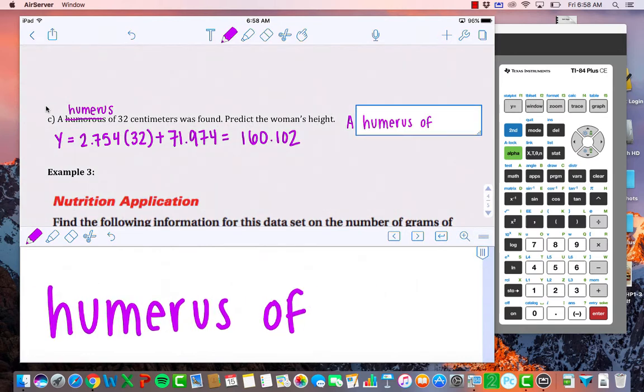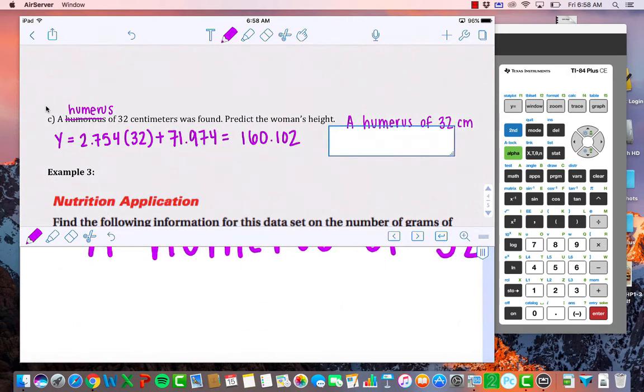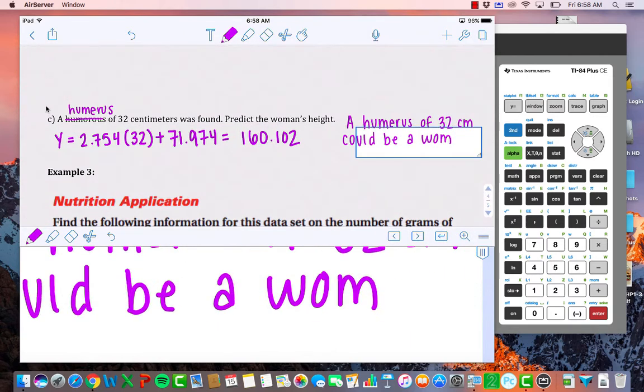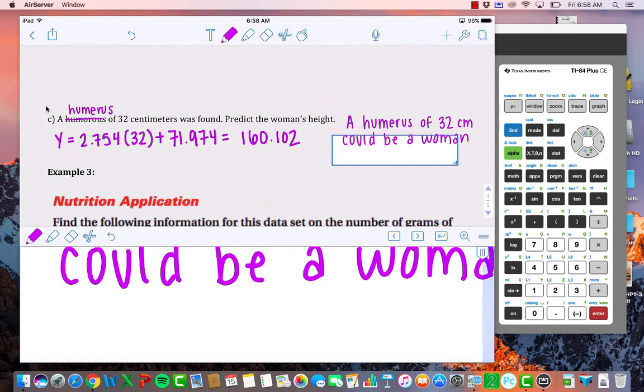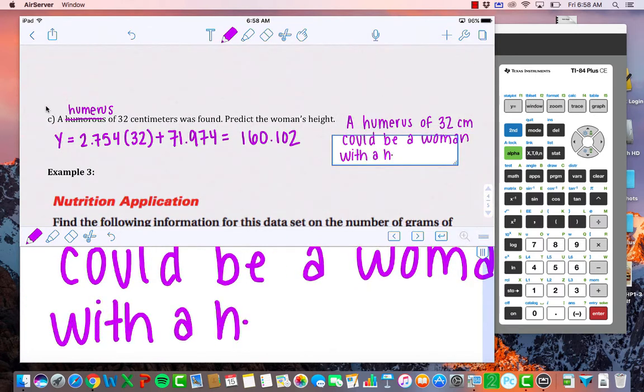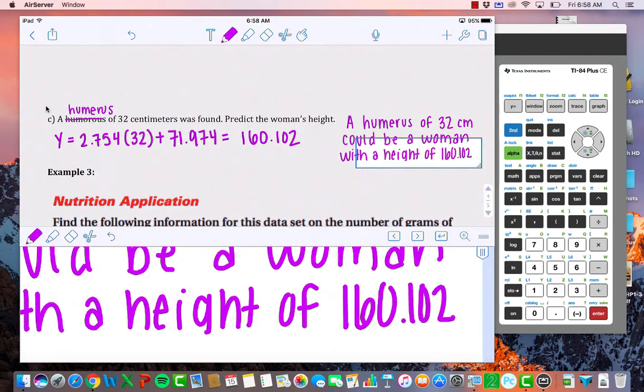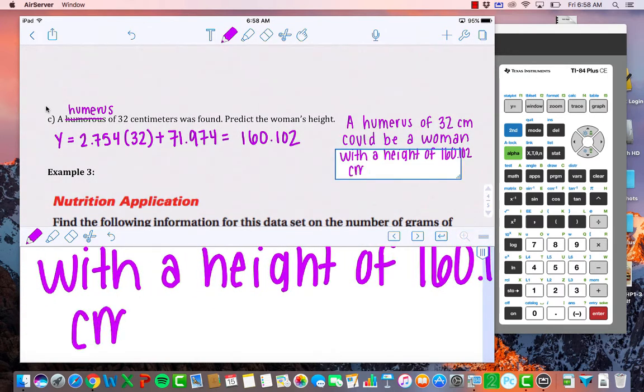A humerus of 32 cm could be a woman with a height of 160.102 centimeters.